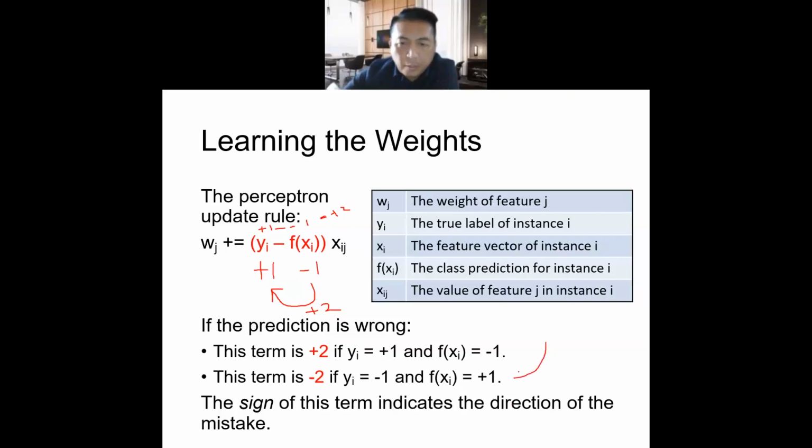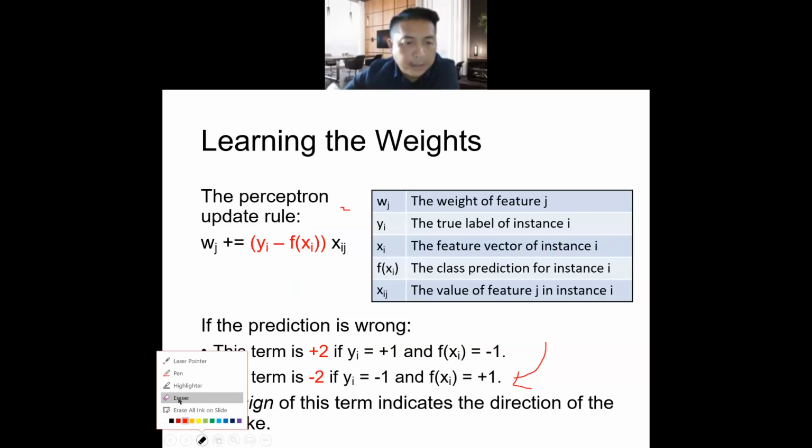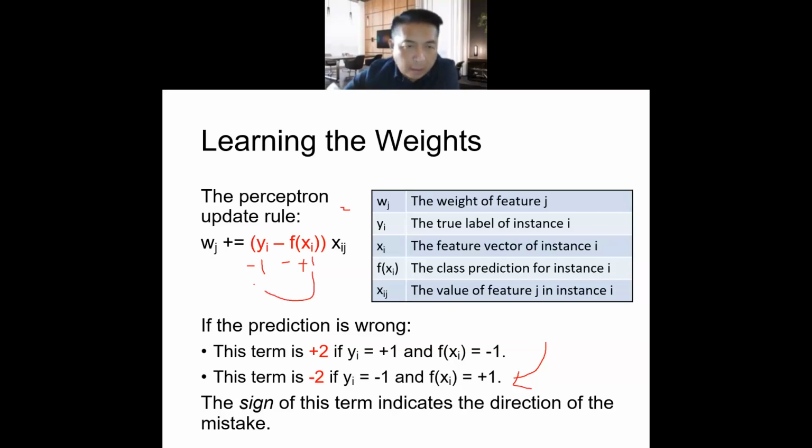But if it is the other way around, if your true label is -1 and your predicted label is +1, you want to move in this direction.